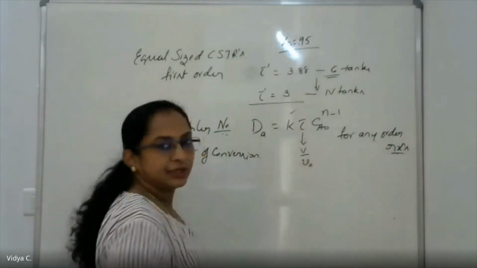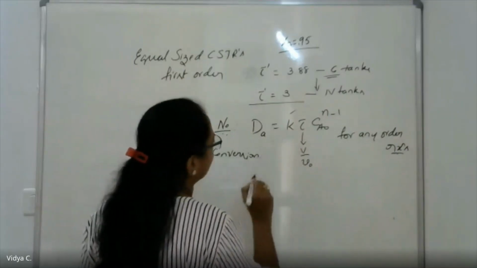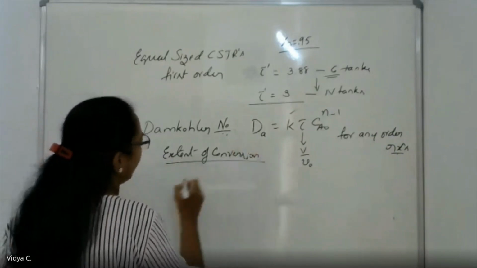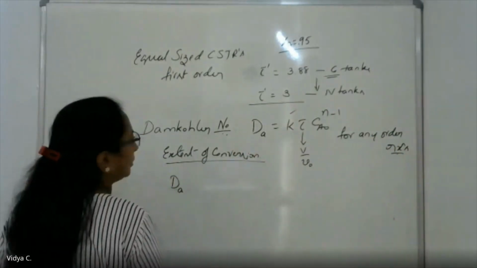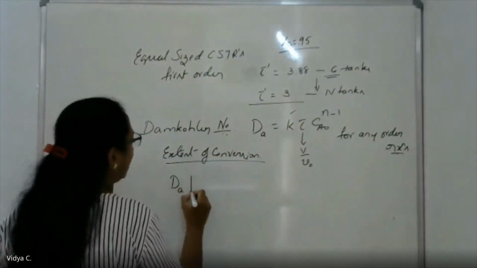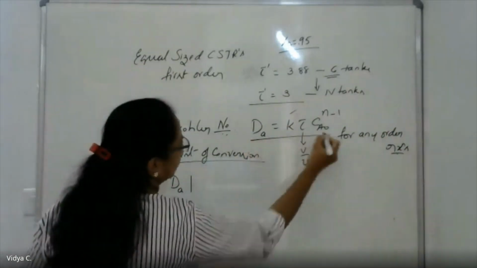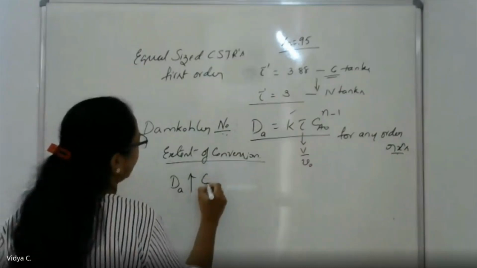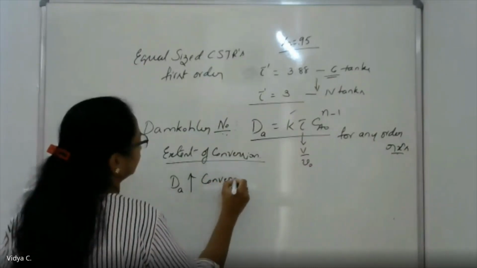And Ca0, the initial concentration, is fixed. And the order also is known to me. So first thing, we will find the Damkohler number by this formula. If Da is high, then conversion is high.